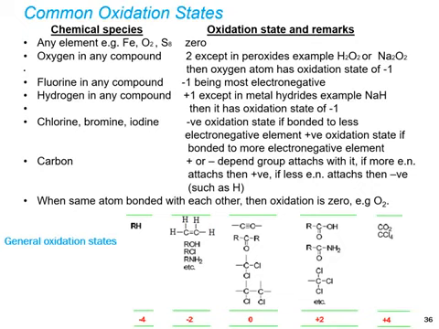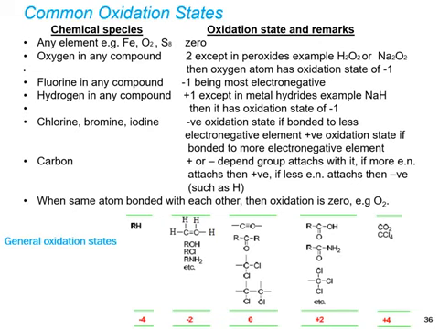Chlorine, bromine and iodine have a negative oxidation state if bonded to less electronegative elements, and a positive oxidation state if bonded to more electronegative elements. Carbon may be positive or negative, depending on the group attached to it. If a more electronegative atom is attached, for example oxygen, then it is positive.